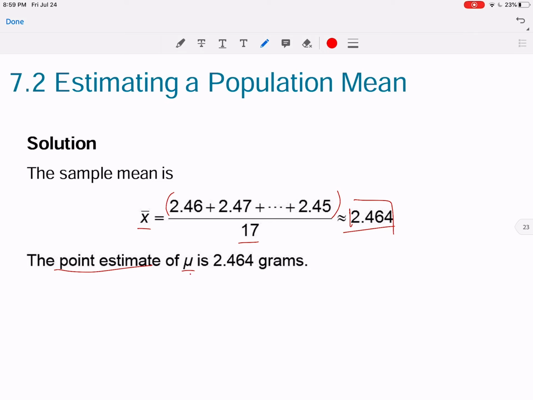We cannot do that because we're not sure. We cannot say that we're 100% sure to make a prediction. But maybe we are able to say that we are 95% sure that the population mean would be in an interval. So this brings us to the idea of the confidence interval.